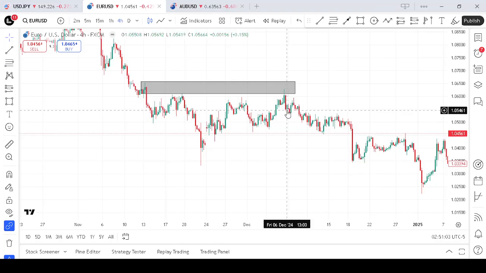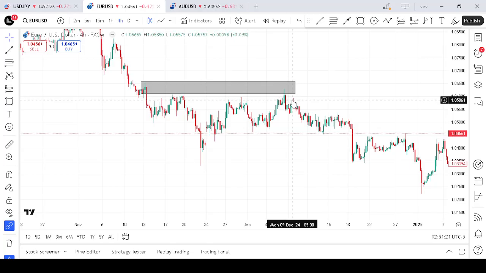Then we will use these signs as our confirmation. The confirmation is our pin bar, our rejection candle. We can also use reversal patterns too, such as double tops or double bottoms. We can also look at volume analysis.